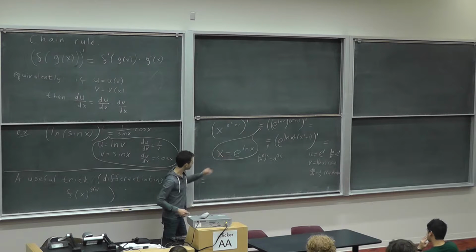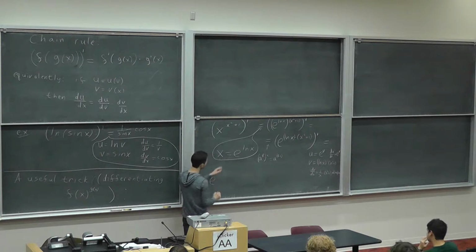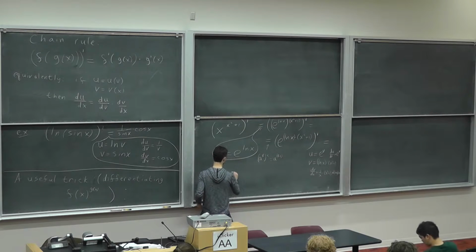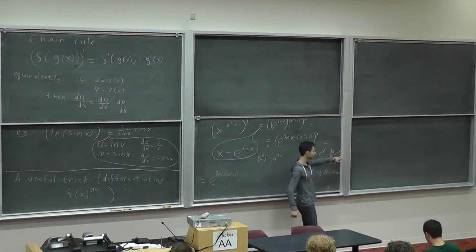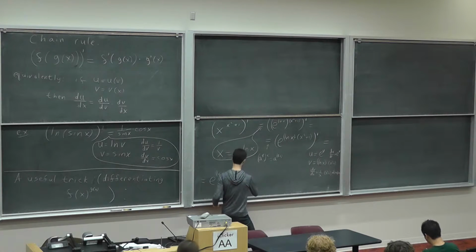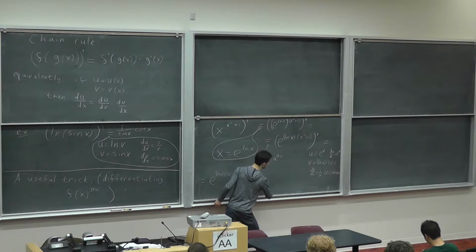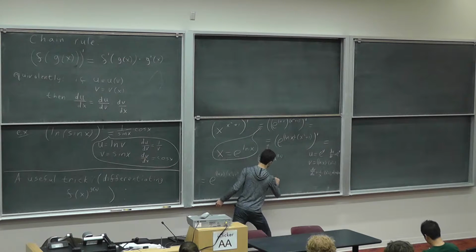So overall, I have the following answer: e raised to the power ln x times x squared plus 1, multiplied by, that's e to the power v, multiplied by dv by dx, which is x squared plus 1 over x plus 2x times ln x.